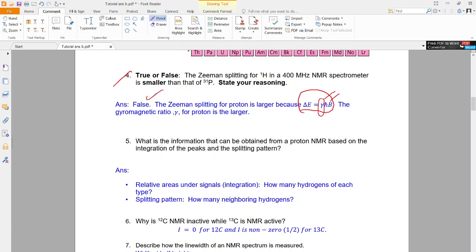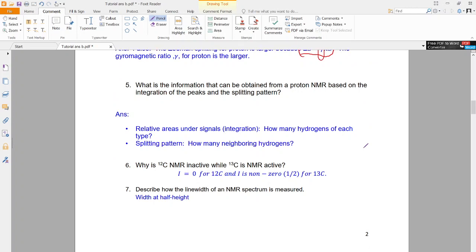This is just to remind you again, question number 5 is on what you can get from a proton NMR, the information that you can get, and this one specifically talks about the integration and the splitting pattern.